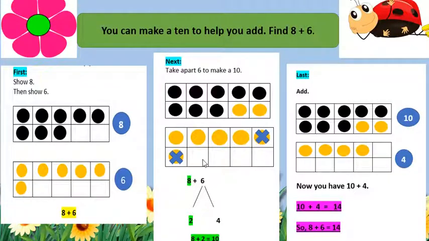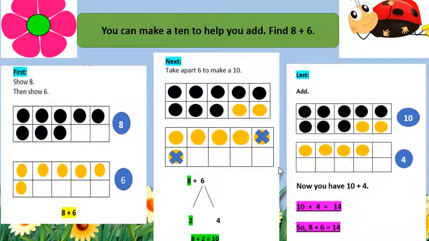So over here, I know that 8 and 2 is a number bond of 10. So 8 plus 2 is 10. And I know that when you minus or take away 2 from 6 is 4. And that's 2 and 4. And my equation will be 8 plus 2 equals 10.